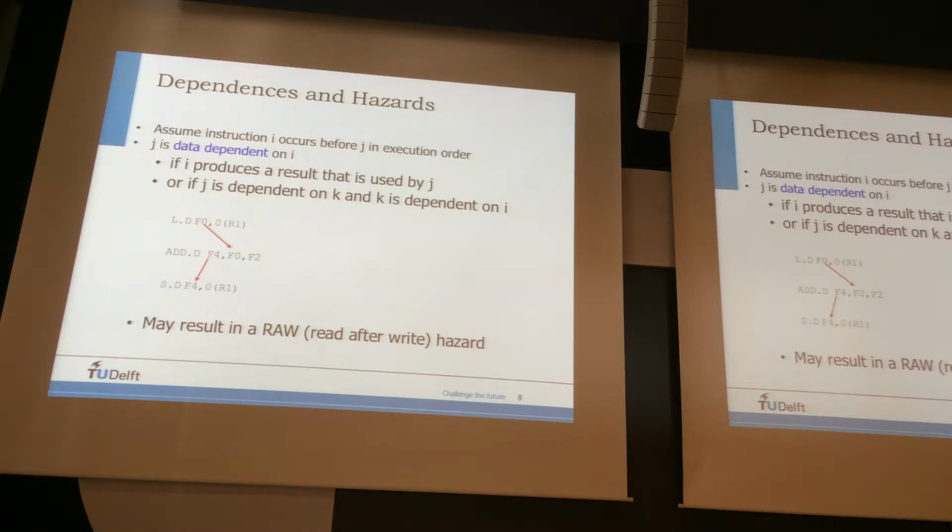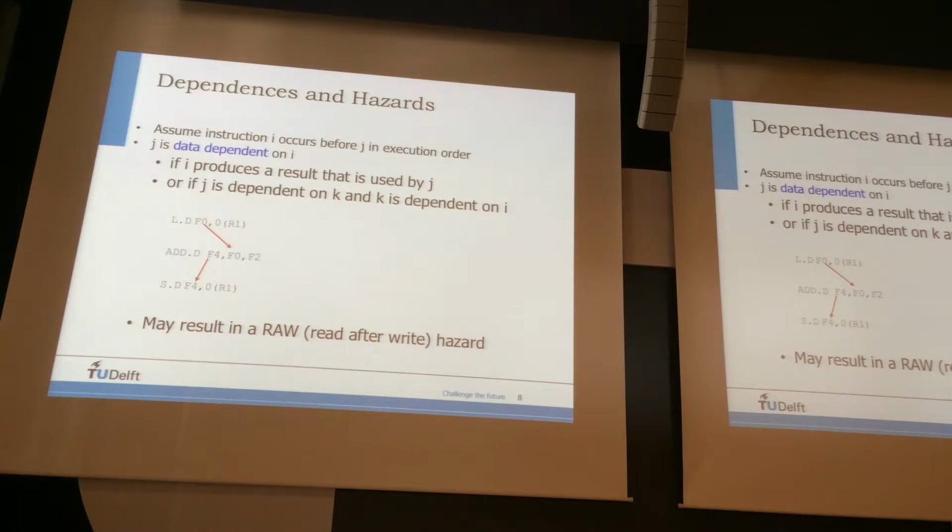Now, let us look at what kind of dependencies and hazards may happen in a program. Remember, in order to speed up the program, what I would like to do is to issue instructions in parallel and change the order.